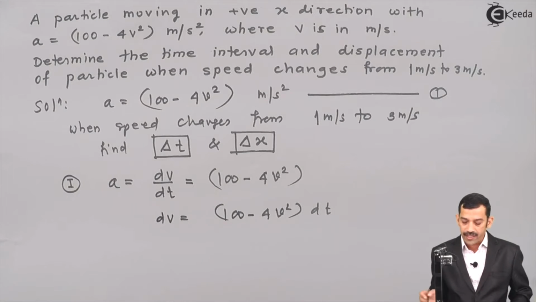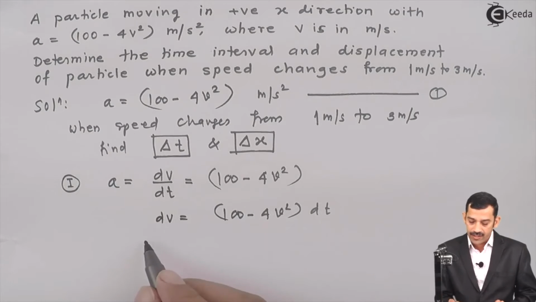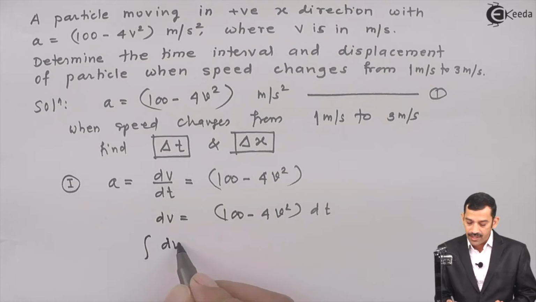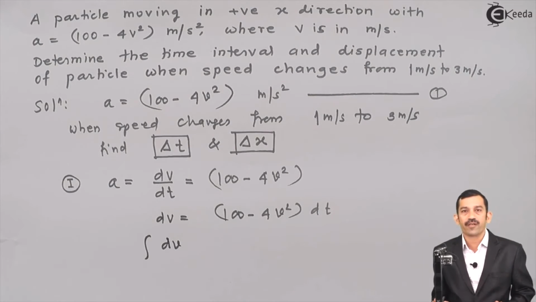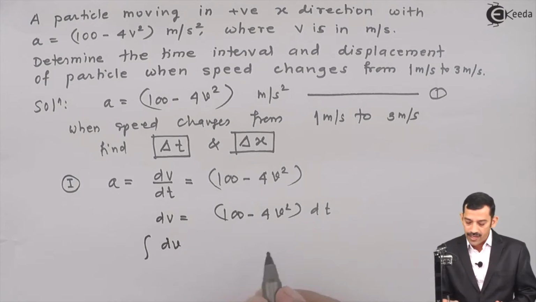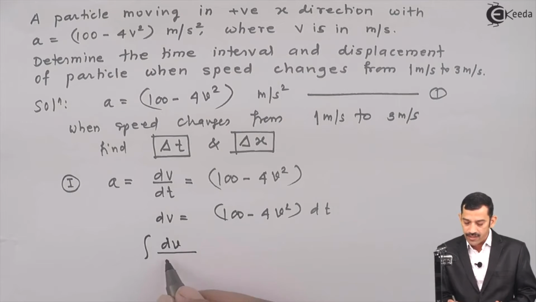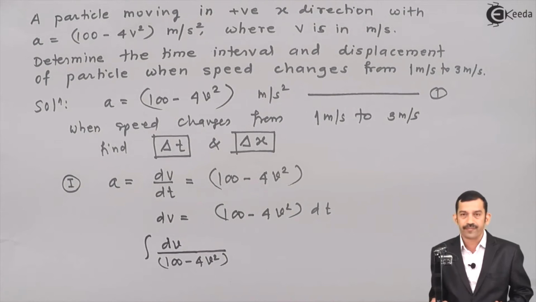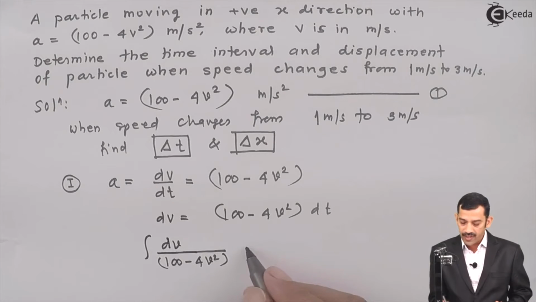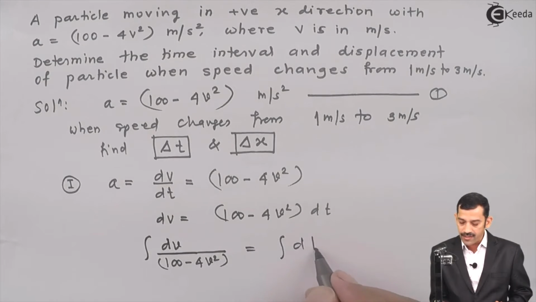Now if we integrate, on the right hand side there is still a term of velocity. Therefore I will take 100 minus 4v square to the left side. That means integral of dv upon 100 minus 4v square equals integral of dt.